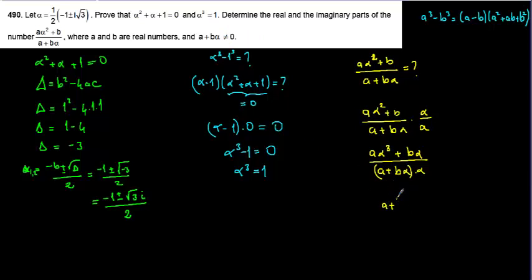A plus b, because why is it a plus b, I didn't explain this one. In the previous part I proved that alpha cube is equal to 1. So this is a times 1 plus b alpha, all over (a plus b alpha) times alpha.